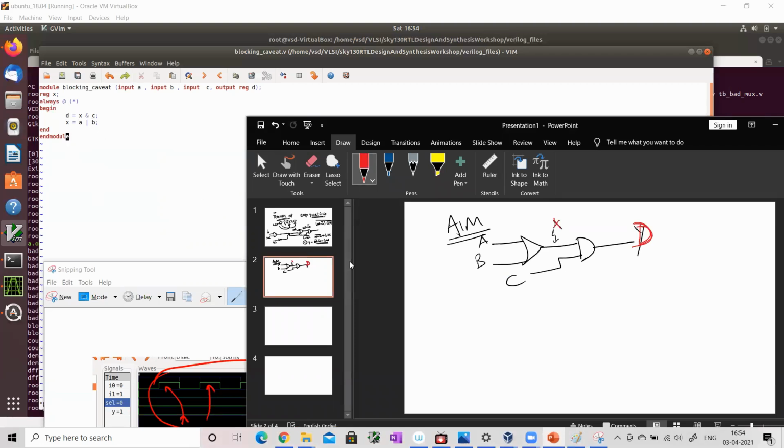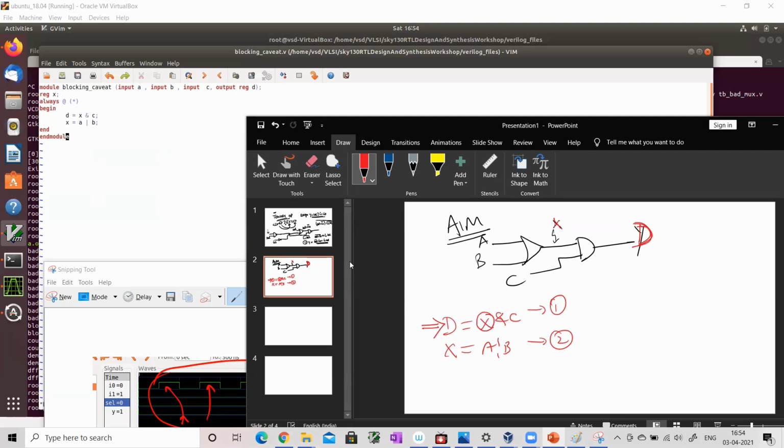So because of the nature of the blocking statement, first D is equal to X and C will get executed. Then X is equal to A or B is going to get executed. So that means by the time this statement for D is getting evaluated, the value in X is the old value of X. The new value of X is not yet computed.